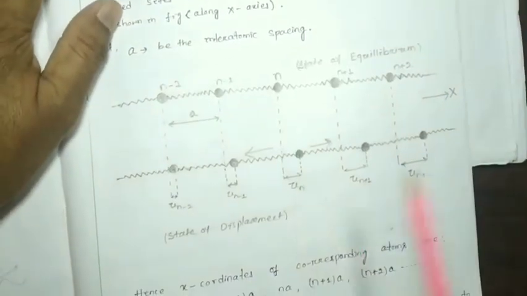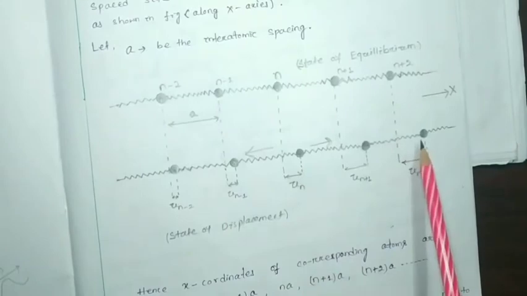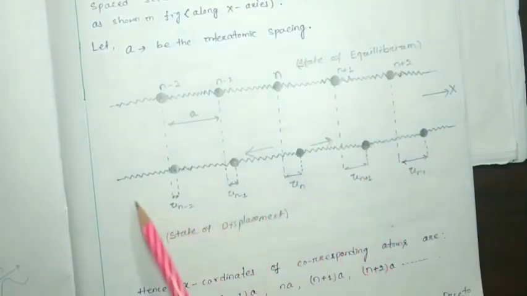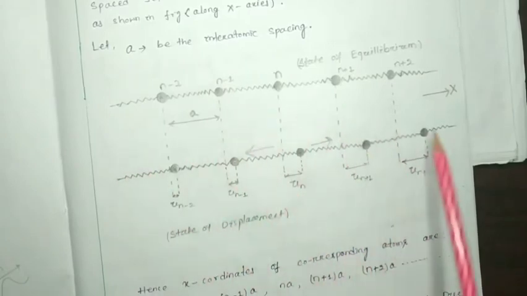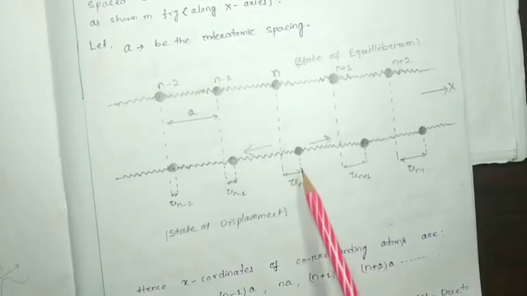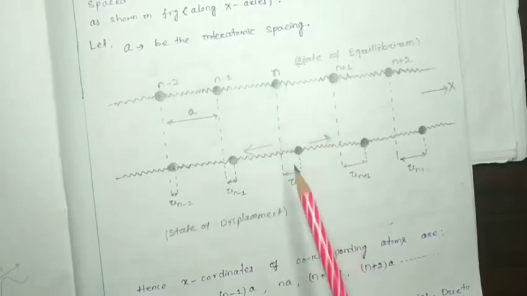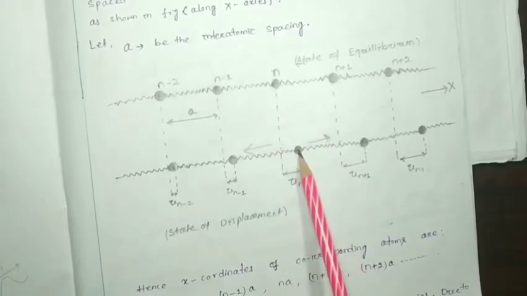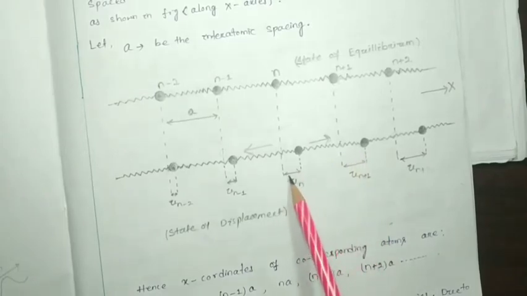When it is displaced towards the right, as represented in this figure, this is the state of equilibrium and this is the state of displacement. In this figure the nth atom has moved this much distance, which is represented by un.